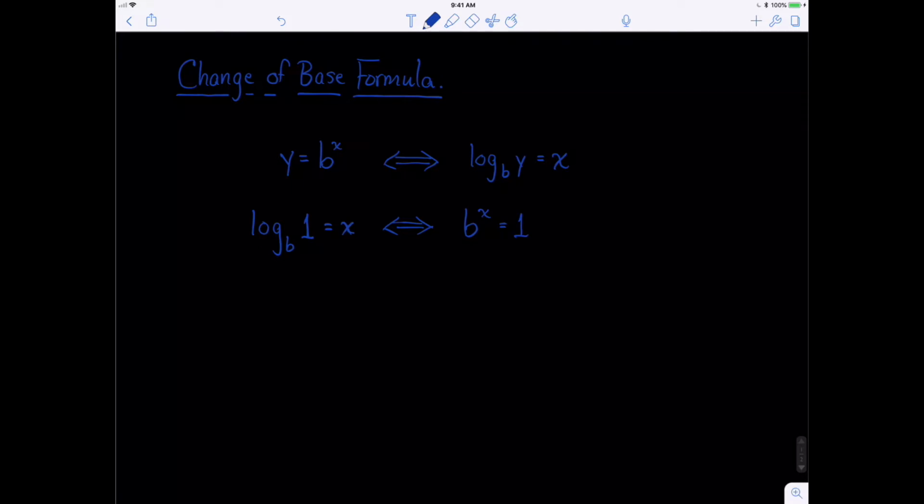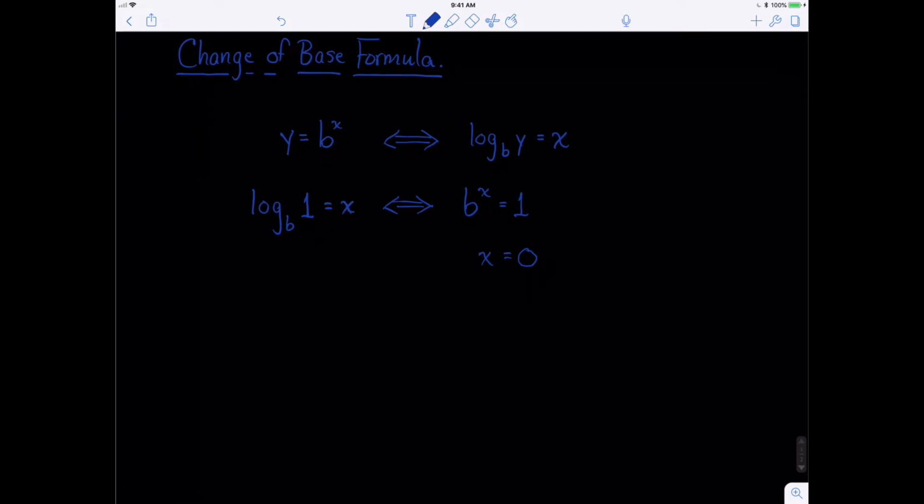Any number raised to what power always gives you 1? The answer is when x is 0. So whenever you have the log of 1, regardless of the base, the answer is always 0.